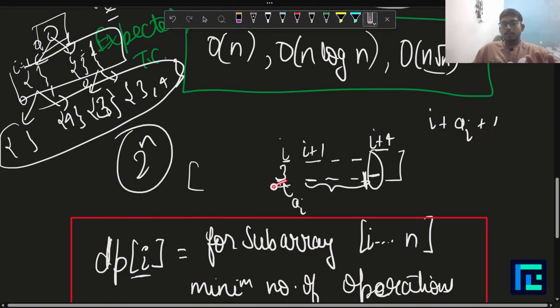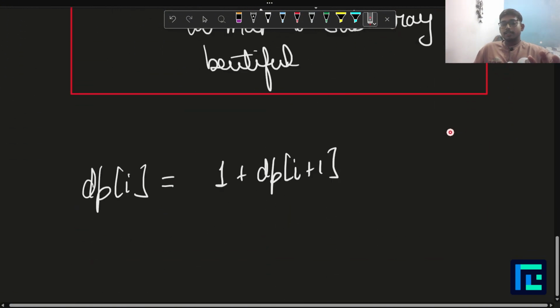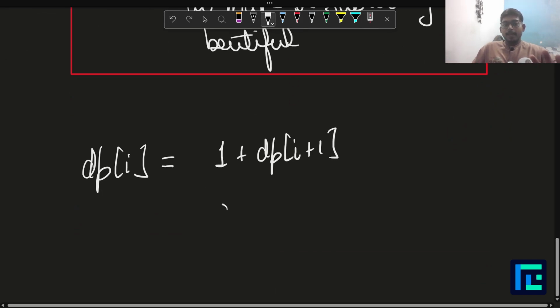If a[i] was 1, we would have i plus 1, then i plus 2 would be the element from where we have to make it beautiful. If a[i] is 3, it means i plus 1, i plus 2, i plus 3, and then from i plus 4 we need to make it beautiful. So from i plus a[i] plus 1, this would give you this index. From this index you have to make it beautiful. So we can write the state as the same as making it beautiful from i plus a[i] plus 1.